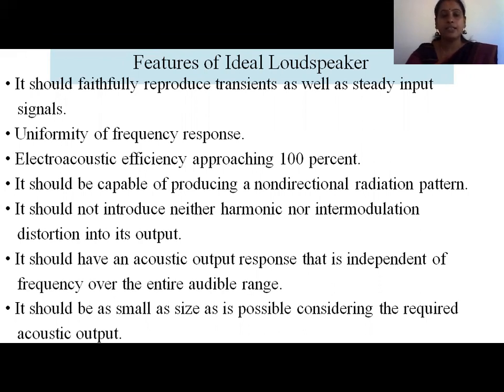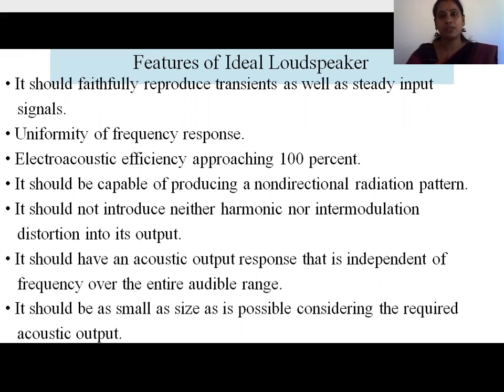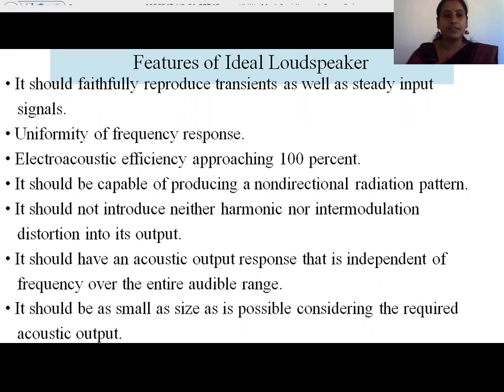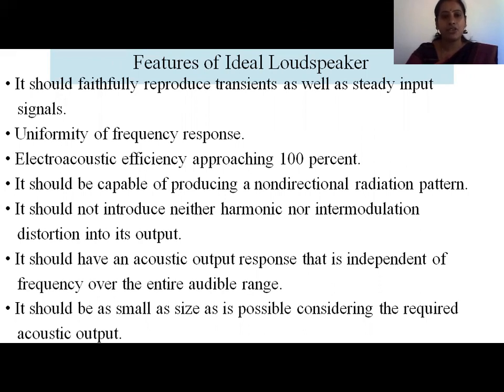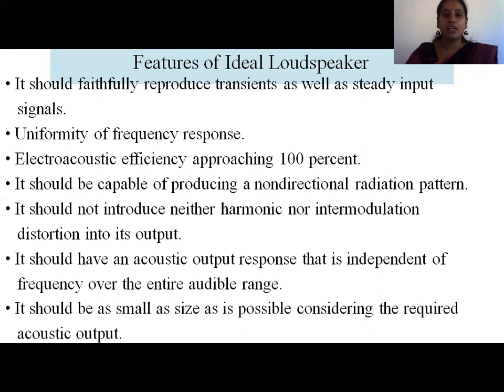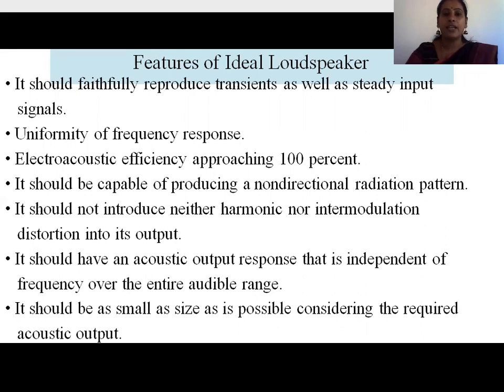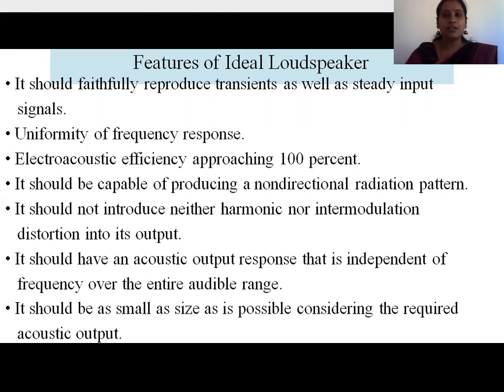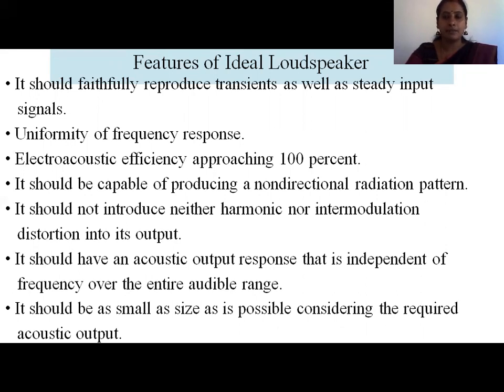And secondly, the uniformity of the frequency response. The frequency response should have uniformity. That is the second feature. And thirdly, the electroacoustic efficiency, which must approach 100%. The fourth feature is that it should be capable of producing a non-directional radiation pattern. Because if it produces sound in only one direction, the sound may be heard only there.